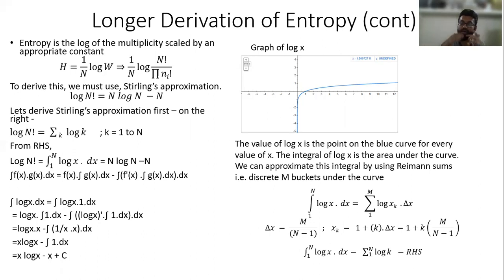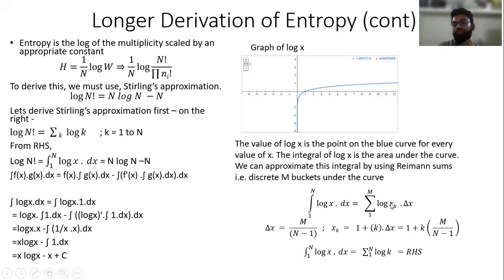Now for very large m and n, m over n minus 1 is going to tend to be equal to 1. So x_k is equal to 1 plus k, and delta x would also tend to 1.